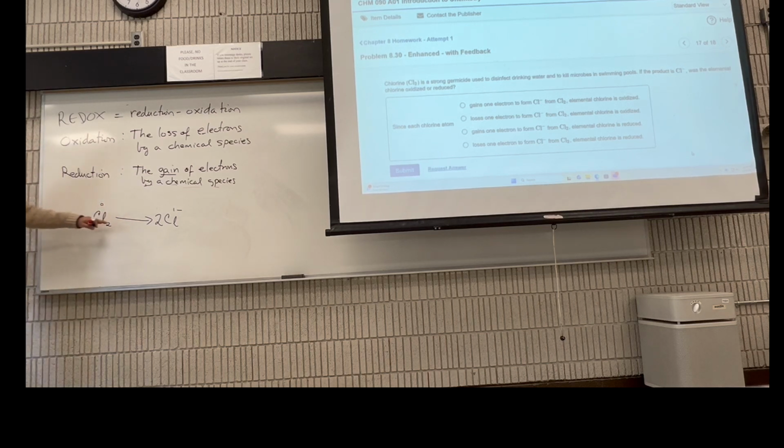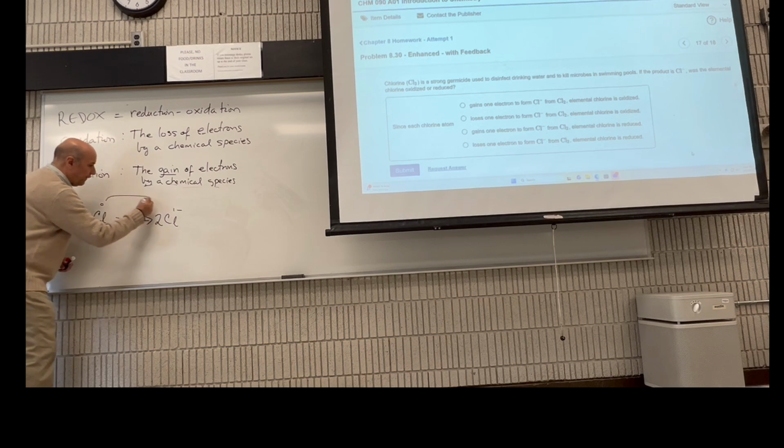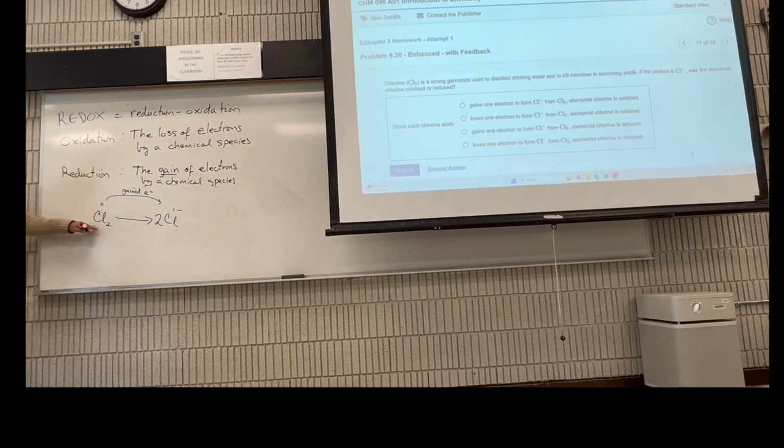How do you become more negative? So again, always look at the atomic number so that you know the number of protons. But this guy is going to have 1 less electron than this. This has gained an electron, right? So gained electrons.